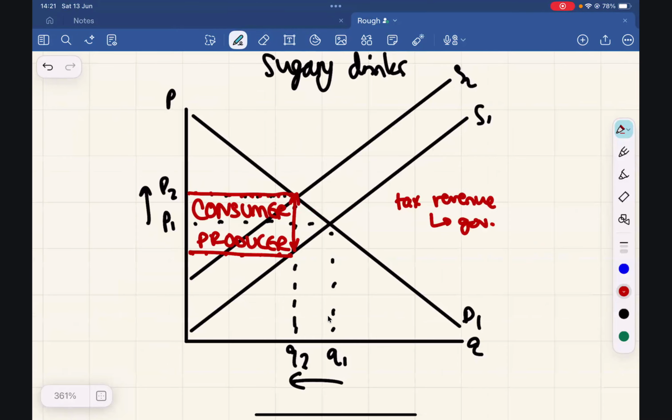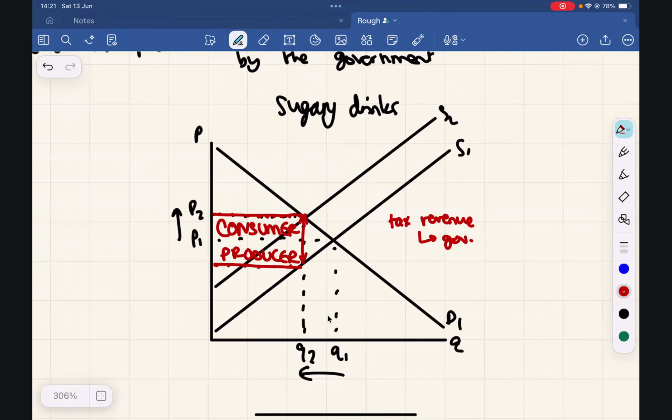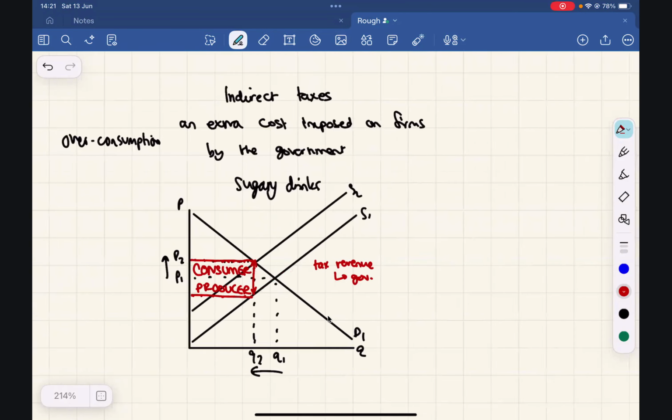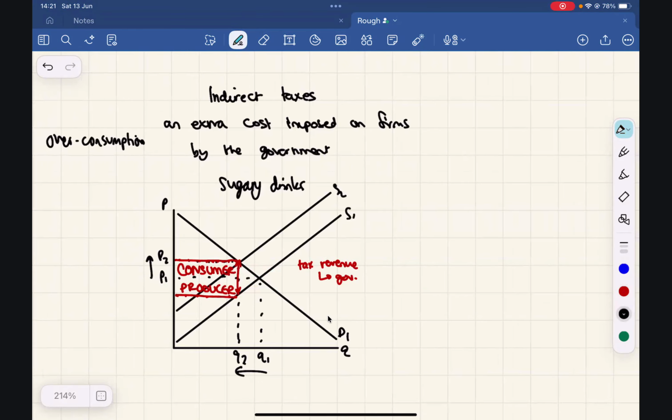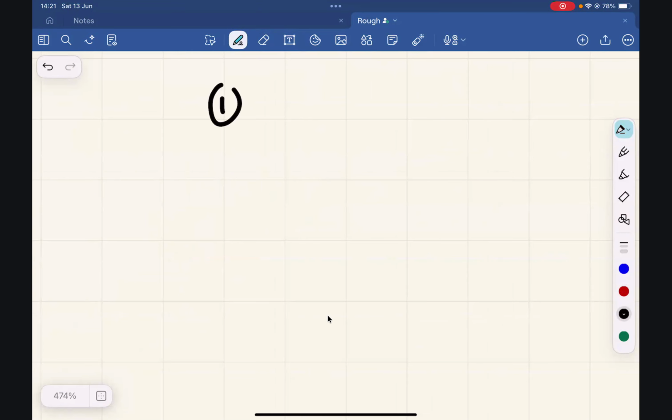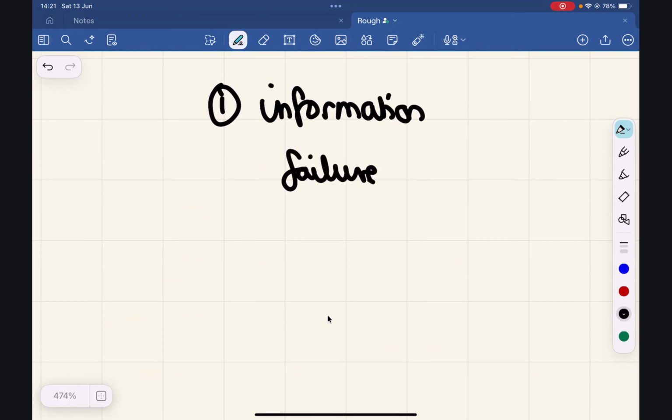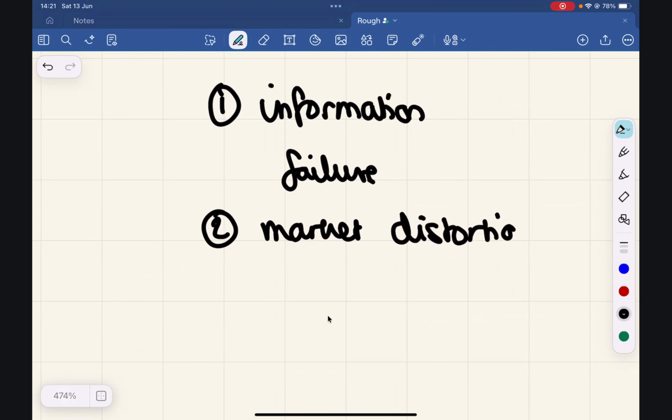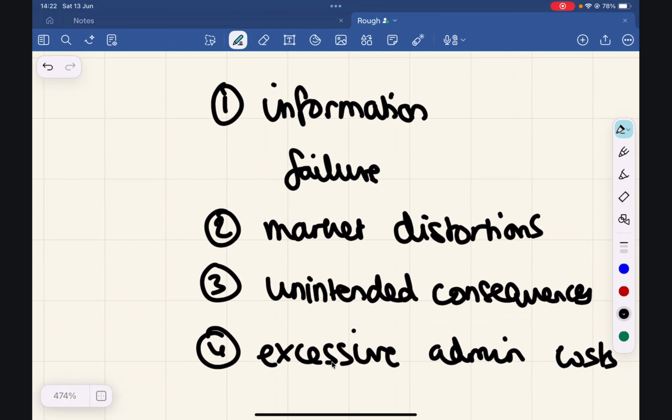Make sense? Okay. Now, government failure, there's 4 types. Information failure, market distortions, unintended consequences, and excessive administrative costs.